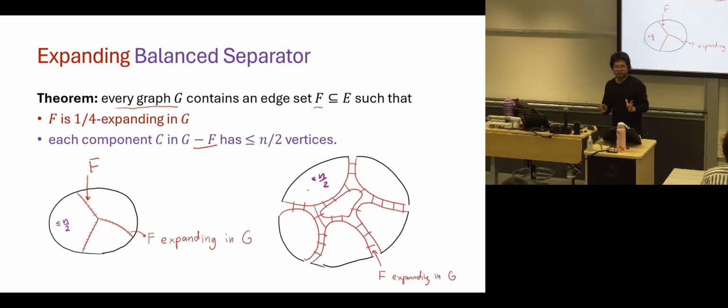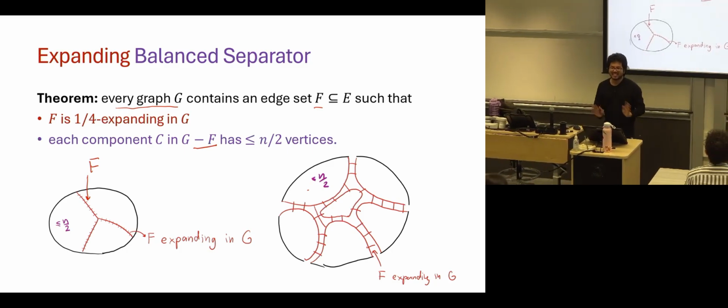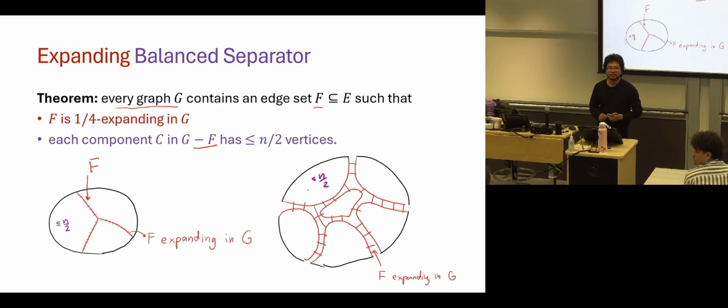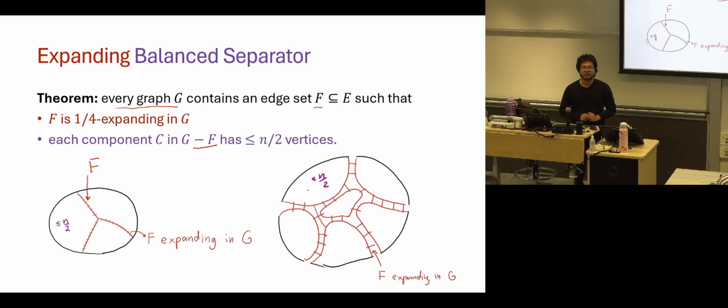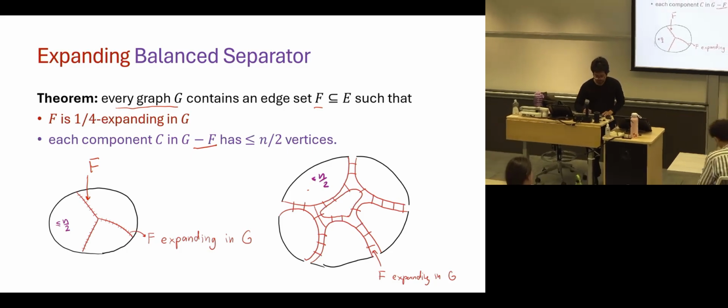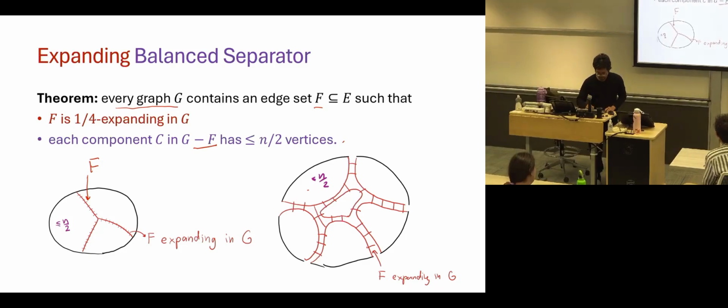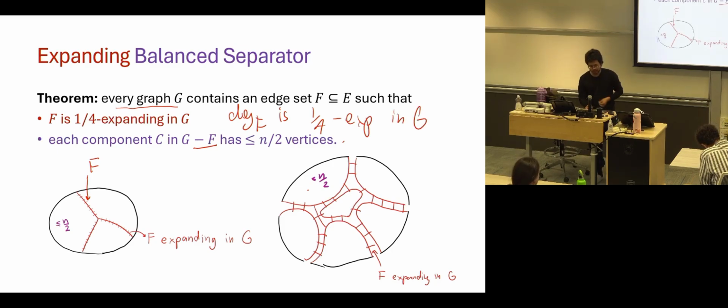So, expanding balanced separator. Just so I remember, when we say the edge set is expanding, that's like saying the degree of F is expanding? Exactly. Yeah, the degree of F is expanding in G. Okay.